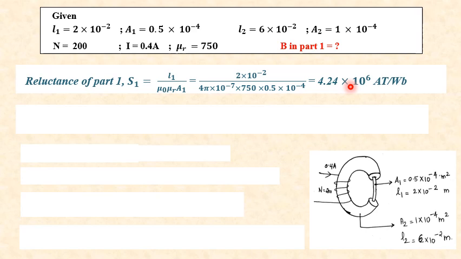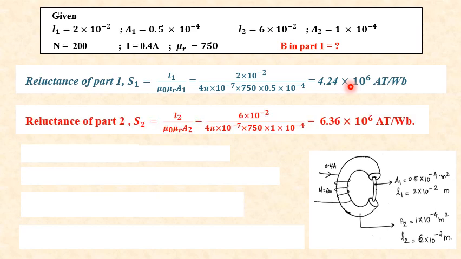So substituting in the equation for S1, we will be getting the value of S1 as 4.24 into 10 raised to 6 ampere turns per Weber. Similarly, reluctance of the second part, S2, can be obtained as L2 by mu 0 mu r into A2. All the values are given directly in the question. You just need to substitute it.